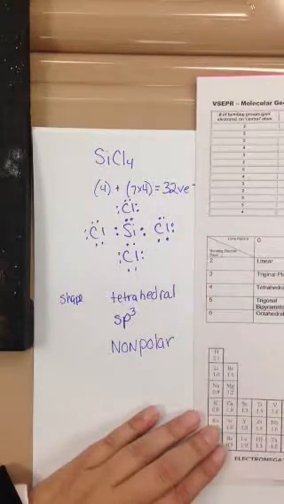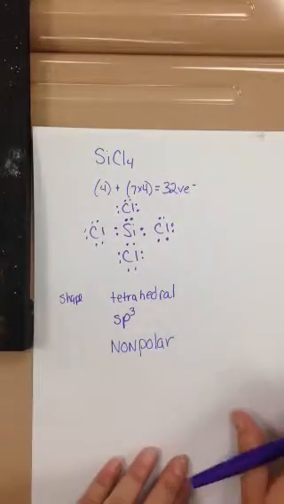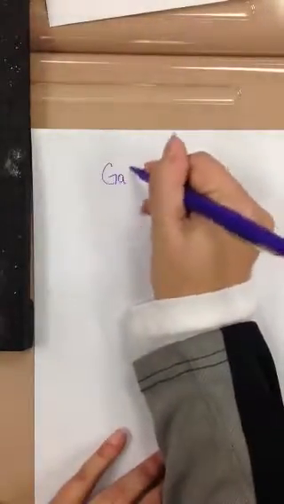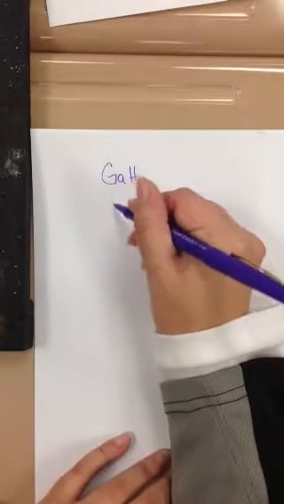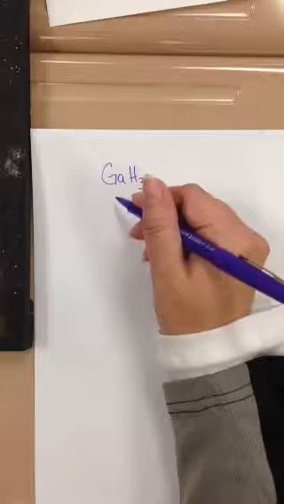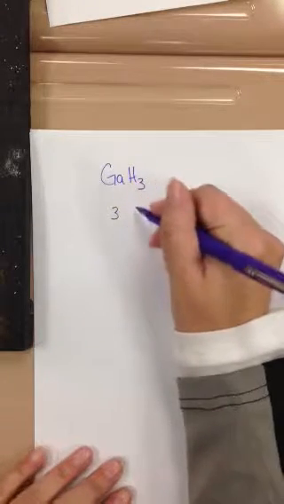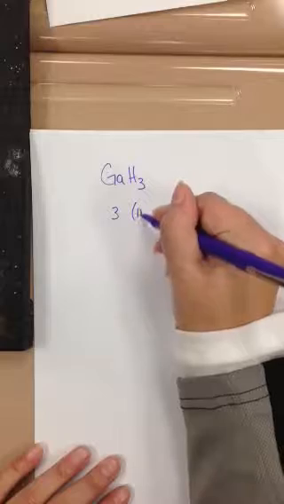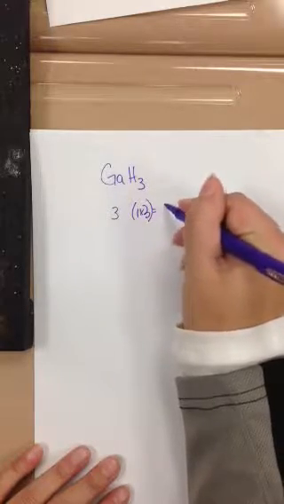Let's try another one. How about GaH3? The first thing we have to do for GaH3 is draw the Lewis structure. So I'm going to look up Ga. I believe Ga has 3 valence electrons, and hydrogen has 1 times 3, so this is going to equal 6.